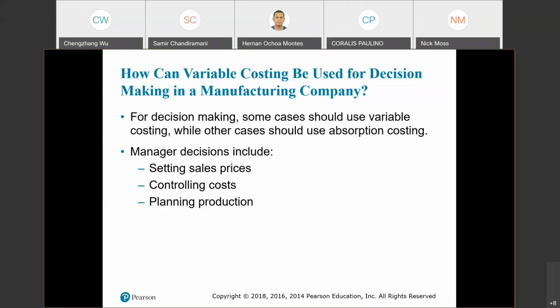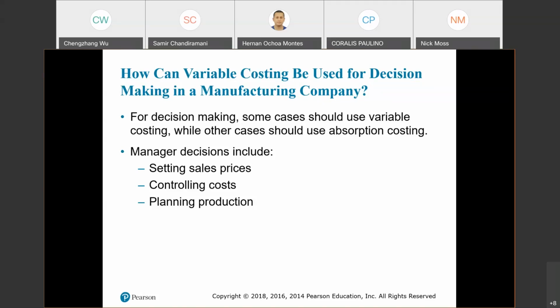Next, planning production. Production planning decisions are similar to sales price decisions. Short-term decisions should be made using variable costing, and long-term decisions should be made using absorption costing. In the short run, production is limited by capacity.